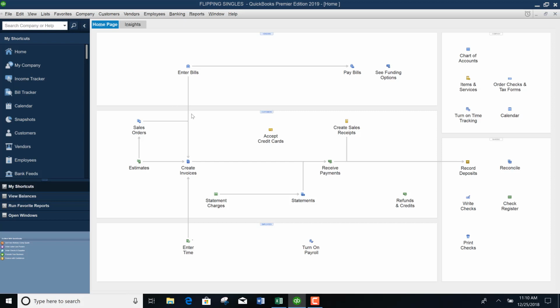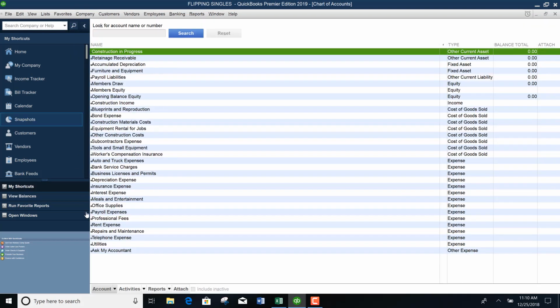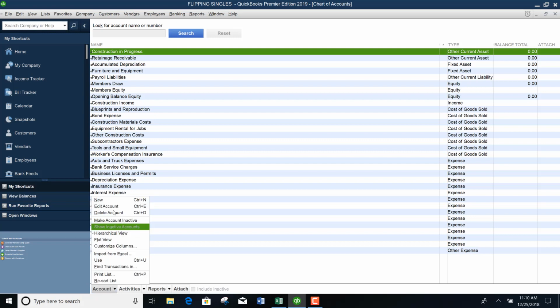Okay, so what we want to do is go into the company chart of accounts, and we want to add a new account.